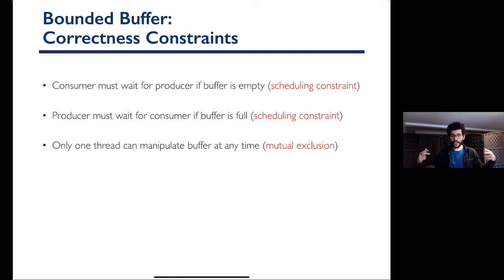And now 2 threads come. One of them is a producer, one of them is a consumer. You want one of them to go and manipulate the state of the buffer. Either the consumer goes and consumes an item, or the producer goes and puts an item. If both of them can go, then you might get a buffer with a state that is not consistent, right? Because in the middle of one of them reading, the other one is writing, and then you have a mess. So you want to avoid that.